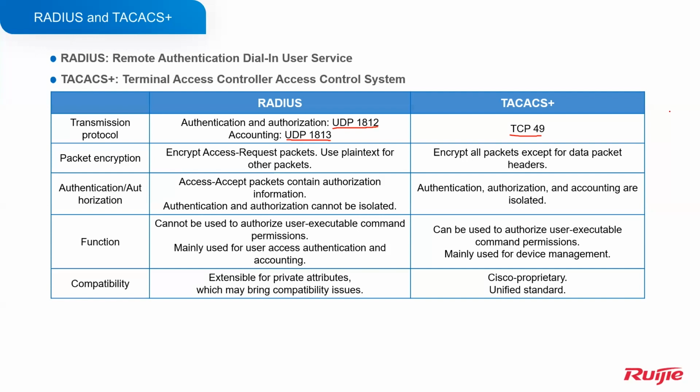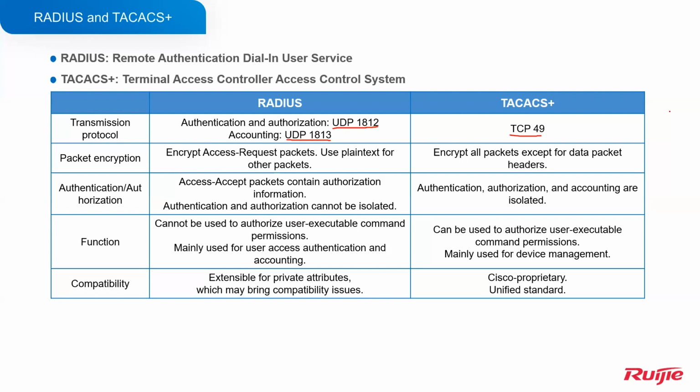About the functions, RADIUS cannot be used to authorize user executable command permissions, and is mainly used for user access authentication and accounting. While TACACS Plus can be used to authorize user executable command permissions and is mainly used for device management.